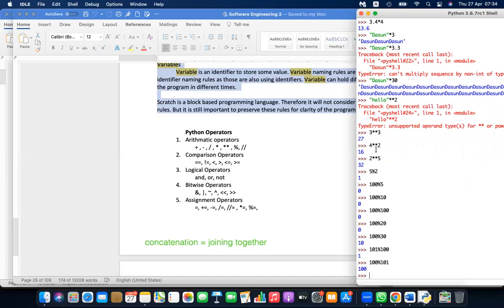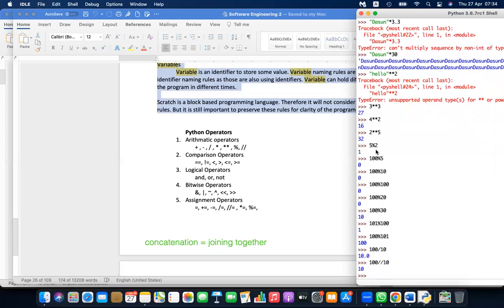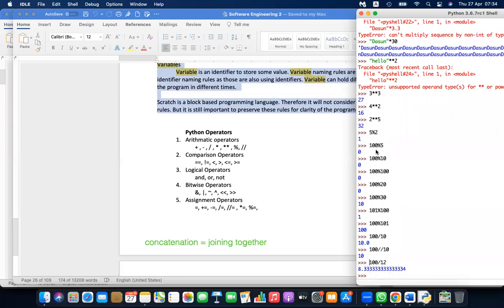On the other hand, division will give you something like 10.0. But if you floor divide, it will give you the integer value, that is 10. That is the difference of integer division. If you divide this by 12, the value is 8.33 something.